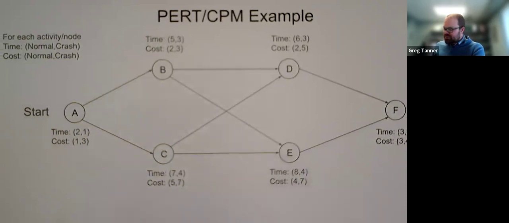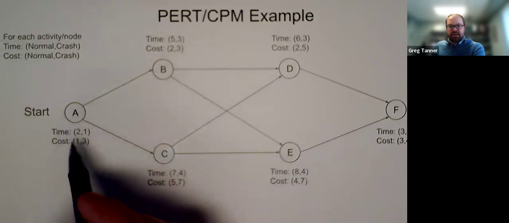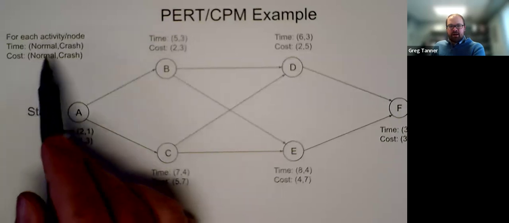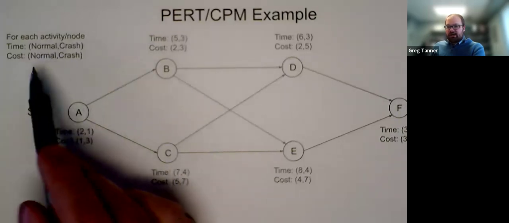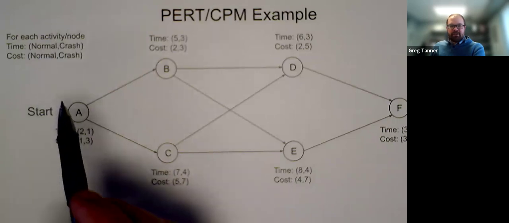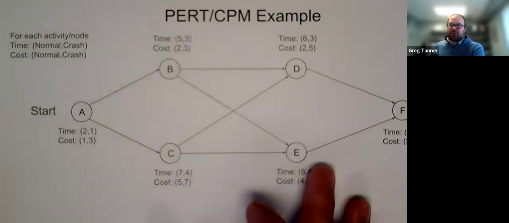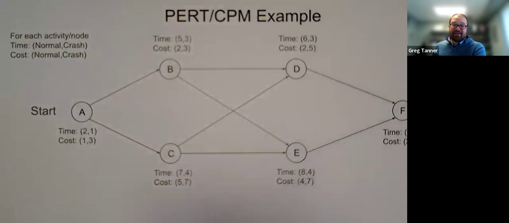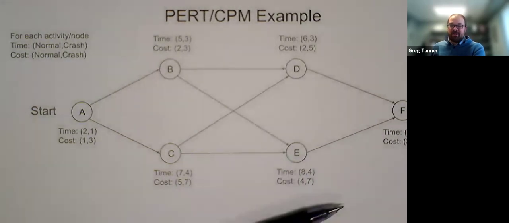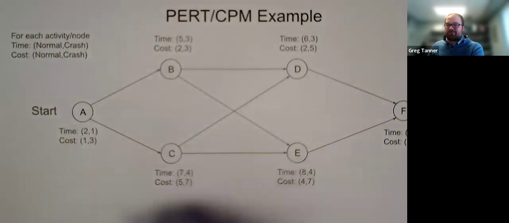Okay. So our activities are on the nodes, and each activity has a normal time and a normal cost. Okay. And then potentially we can crash that activity, is sort of the technical term, which means that we throw extra money at that step in the problem, maybe by hiring extra labor, or paying somebody else to do it, or many ways we could throw money at the problem in order to reduce the time that it takes to do it.